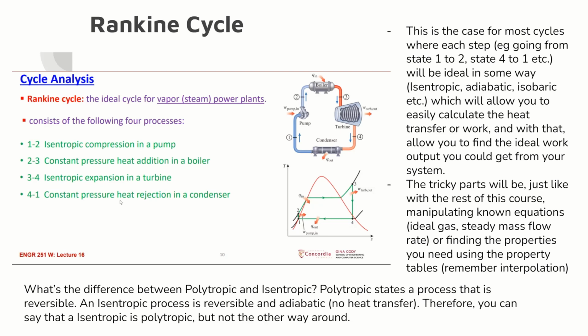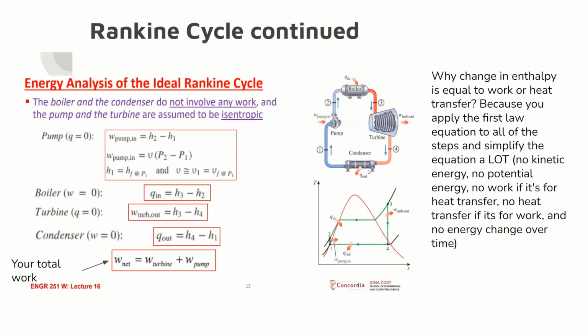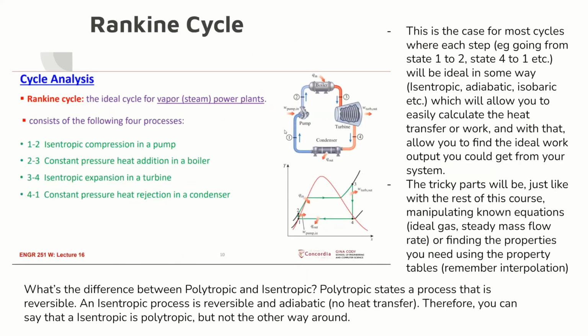So this example applies to other properties as well for the different states. And so it's going to be up to you to find the different properties that are going to allow you to, maybe the question asks you to get the turbine work, or maybe get the thermal efficiency, which we'll cover in a bit.